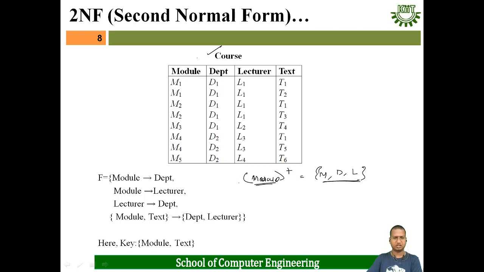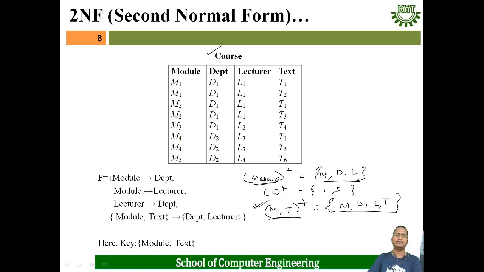Similarly, if I take lecturer, the closure will be lecturer and department. When I combine two, module and text, the closure: from module I can derive module, department, lecturer, then text. That means all the attributes are derived from module and text, and this will be your key. The only candidate key possible in this case is module and text.